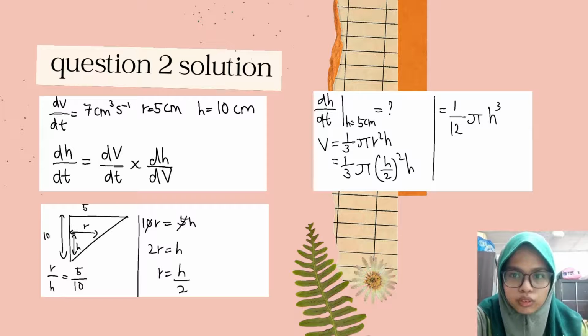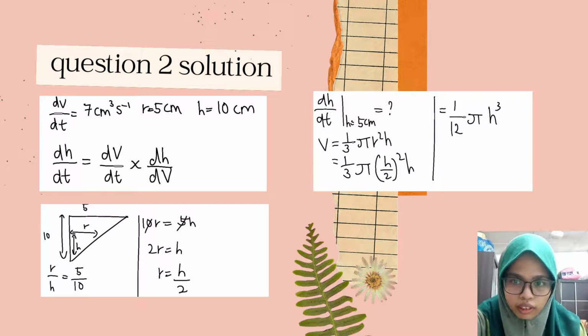From question 2, we have to find dH dt, by multiplying dV dt and dH dV. So from the formula, V equals 1 over 3 pi r squared h, we have to find r.